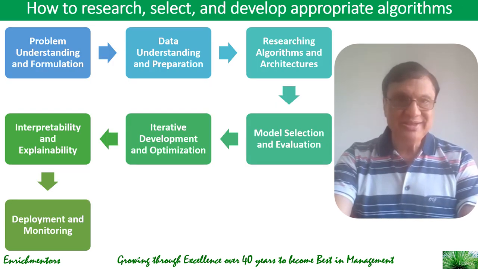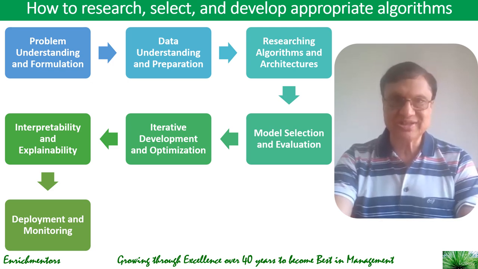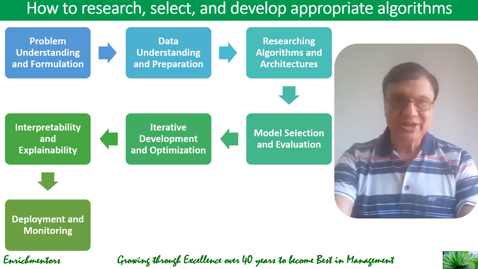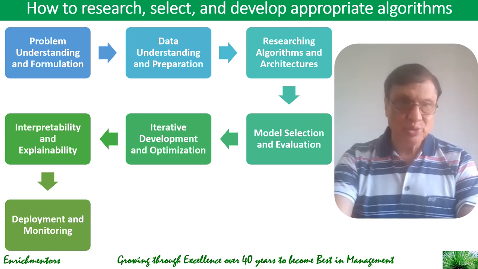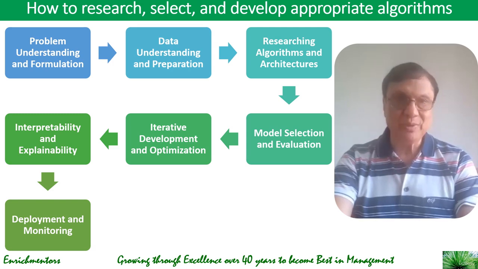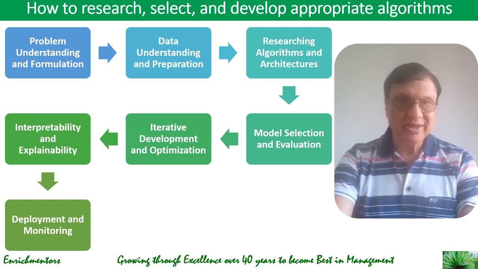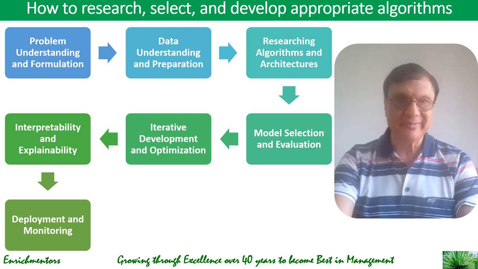So, by following these steps in the whole process of how to research, select, and develop algorithms: understanding the problem, data pre-processing, researching, interpreting, model selection and evaluation, iterative development and optimization, interpretation and explainability, and finally deploying, you can develop a machine learning algorithm tailored to the specific problem at hand and characteristics of the available data.